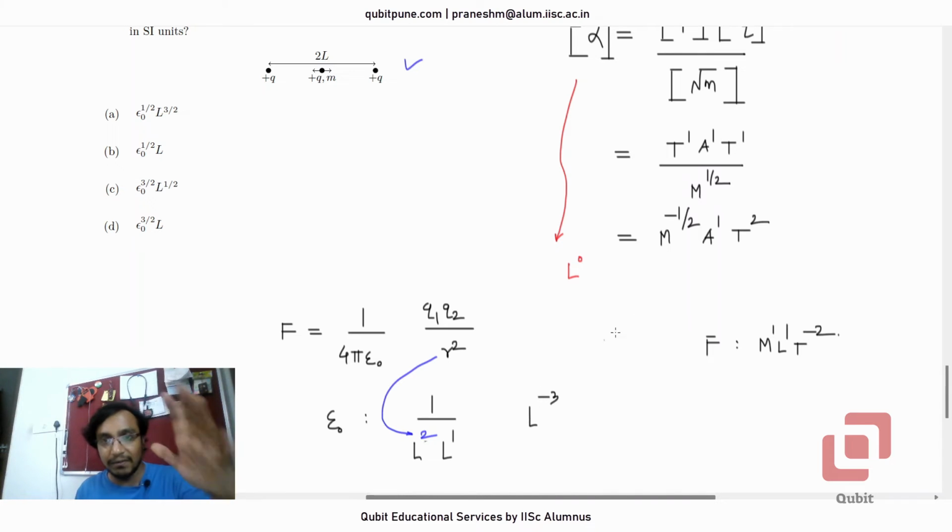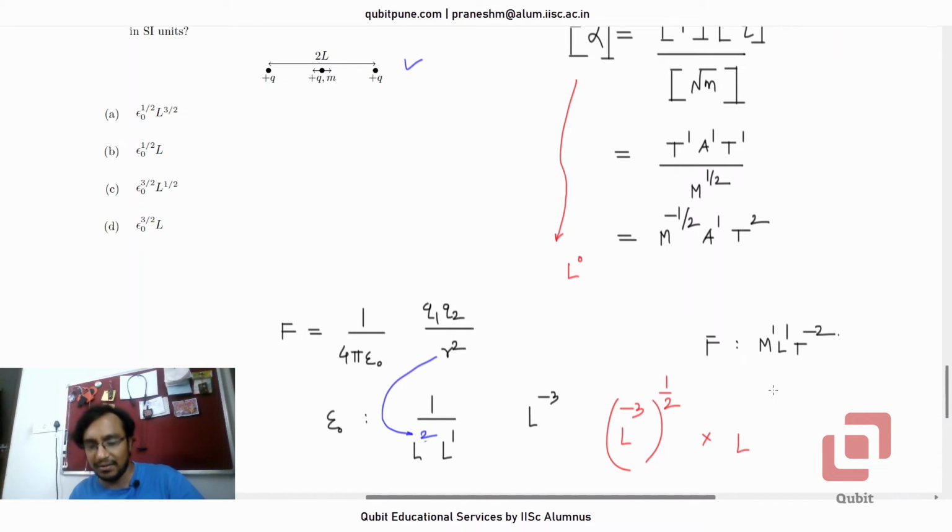Now, to make the given quantity have 0 power in length, we are first required to consider L raised to negative 3 by 2, and then we would like to multiply this by 3 by 2.